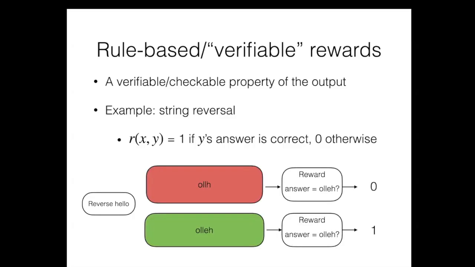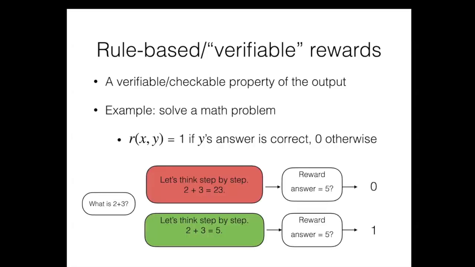So what are some other examples of this? Well, when we look at solving math problems in a bit, you could think of some aspects of this math problem solving as being verifiable. So what do I mean by that? Well, let's say we're trying to solve this problem: what is 2 plus 3?